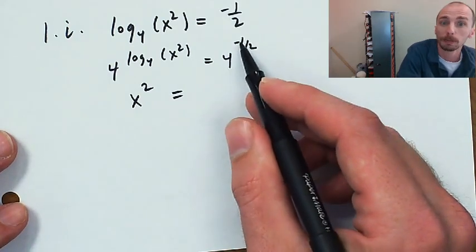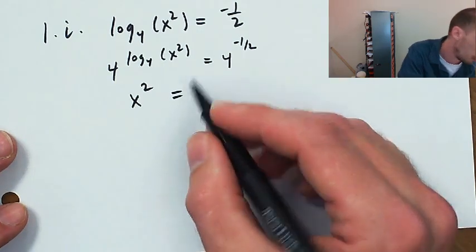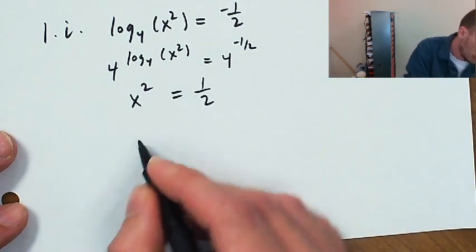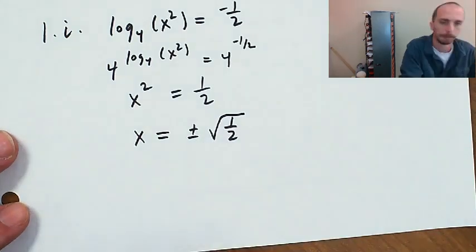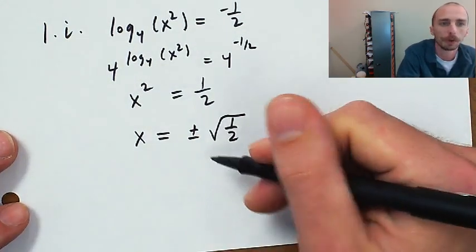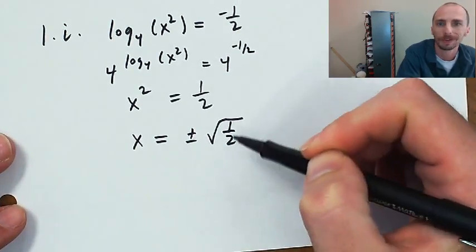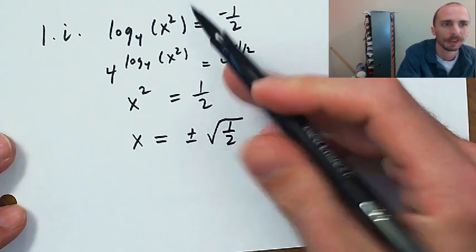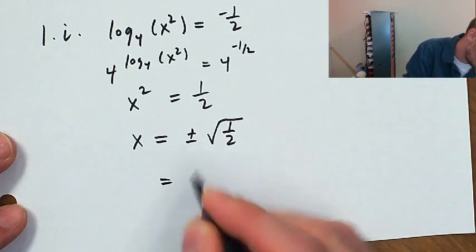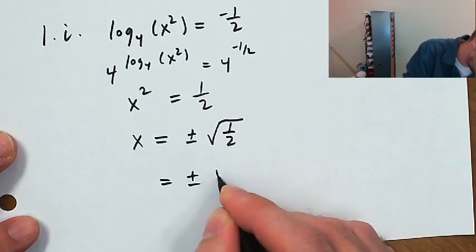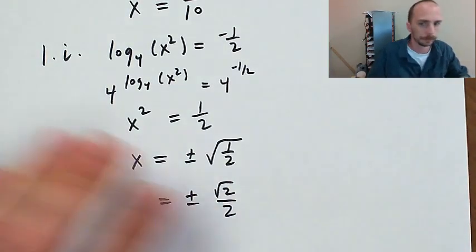On the right, the negative power is going to be 1 over 4 to the 1/2 power, 1 over the square root of 4, 1 over 2. So x is going to equal plus or minus the square root of 1/2. Okay? And either one of these we're not going to worry about an extraneous solution because I'm squaring first before taking the log. So if I square either one of these things, I'm going to get 1/2. And that's a positive number. So I'm thinking, and maybe I'll write this in simplified radical form, plus or minus root 2 over 2. That's as much as I can do with that one.